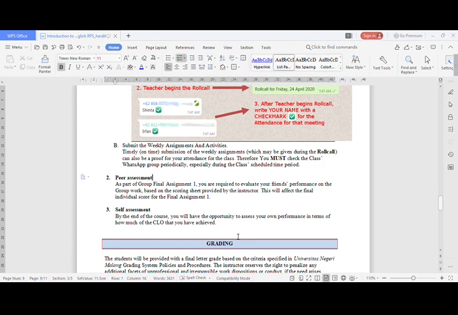The peer assignment is for the group final assignment, which is the presentation. You will make groups of 2 or 3 people, and I will ask each of you to give your own assessment of your work performance.